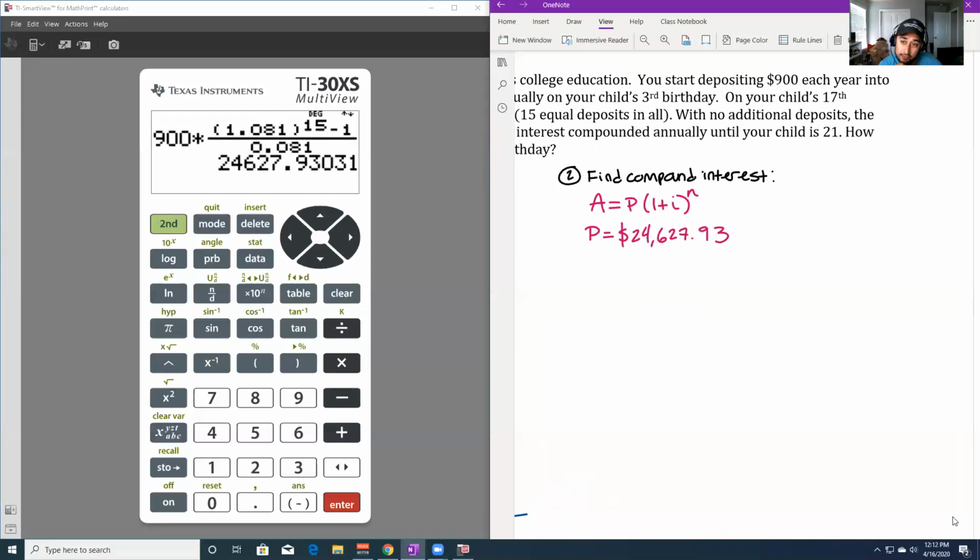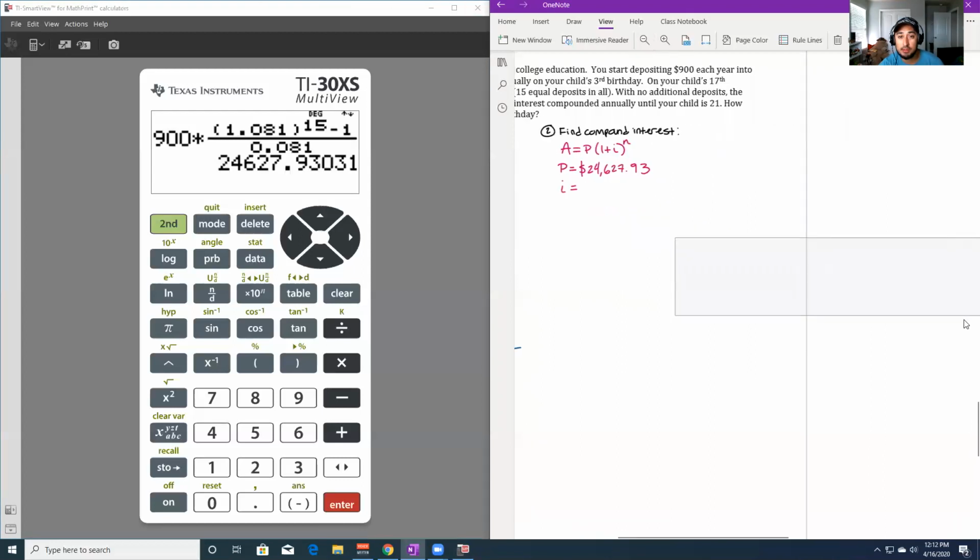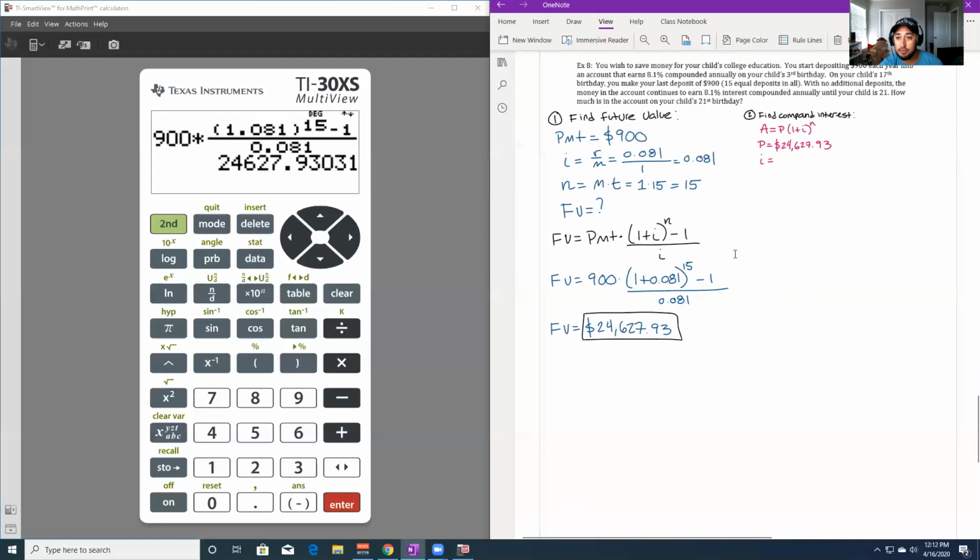So that's what we made after investing for the 15 years. Okay, so this problem says that with no additional deposits, the money in the account continues to earn 8.1% compounded annually. So again, I is going to be just like I for number 1. It's going to stay 0.081 because that rate hasn't changed.